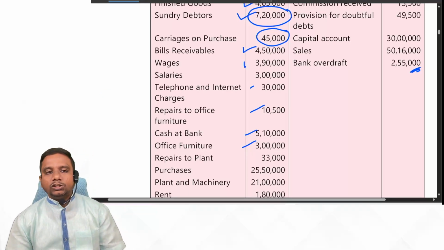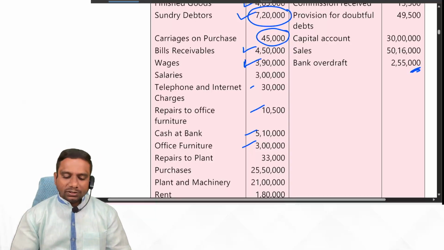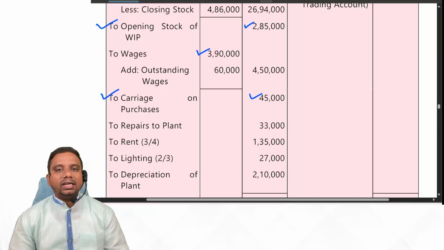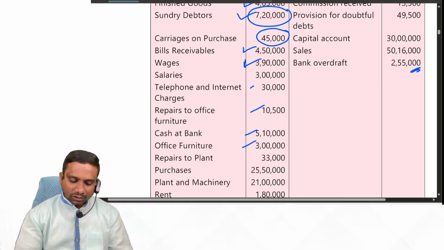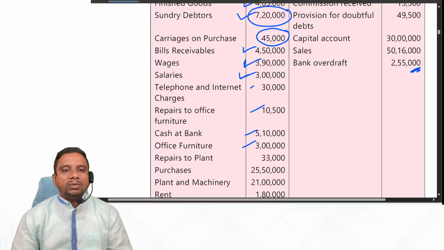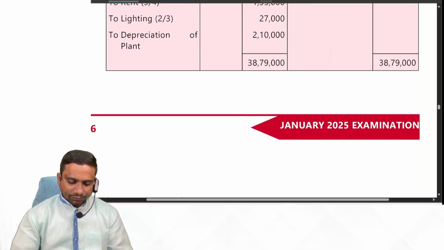Bills receivable is shown on the asset side of balance sheet. Next one, wages. Wages are direct expenses, so direct wages, 3 lakh 9. Next one, salaries. Salaries are shown on the debit side of P&L account.